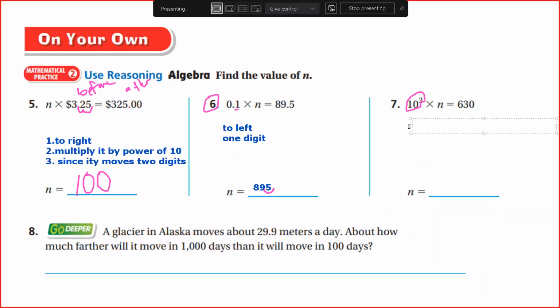Do you have to go to the right or to the left? To the right. Bravo. Now, how many digits? 3 digits. So now, what was the number?